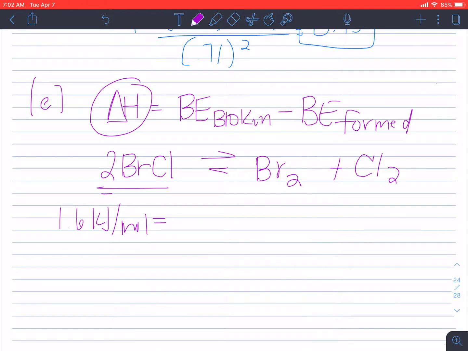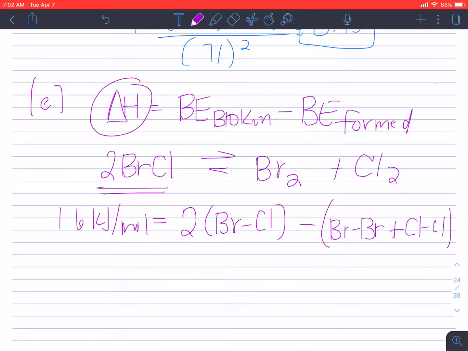Think about what's being broken here. There are going to be 2 BrCl bonds broken. We're going to subtract that from the bonds that are being formed. What's being formed is a Br to Br bond and a Cl to Cl bond. Those you add together.